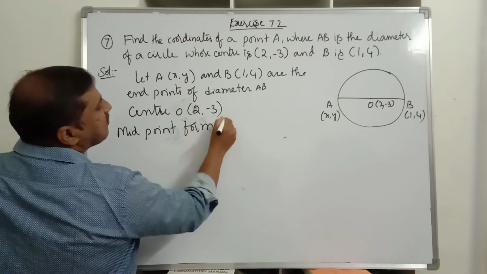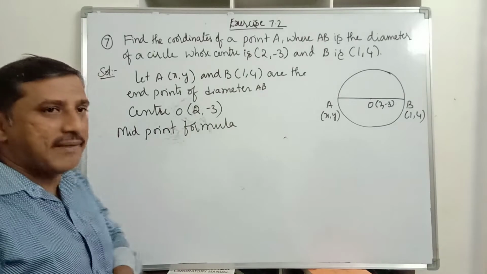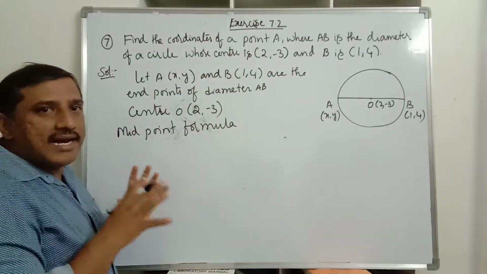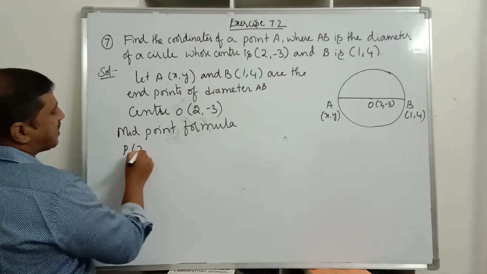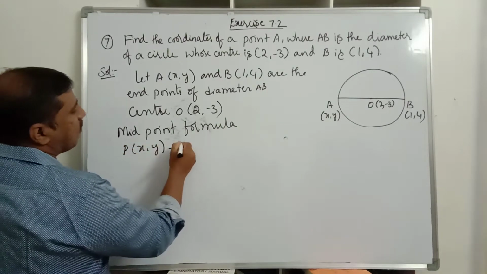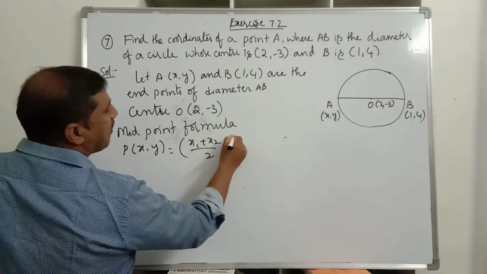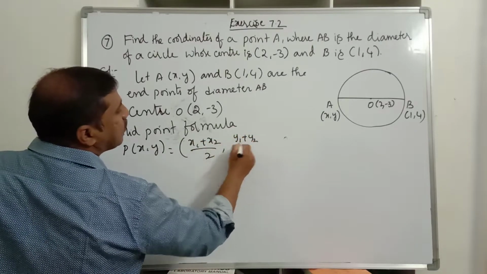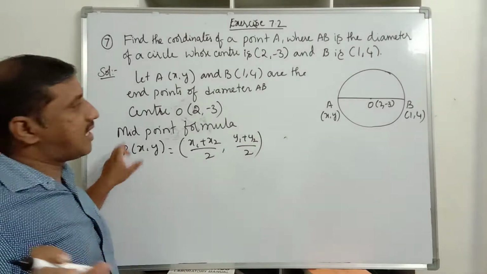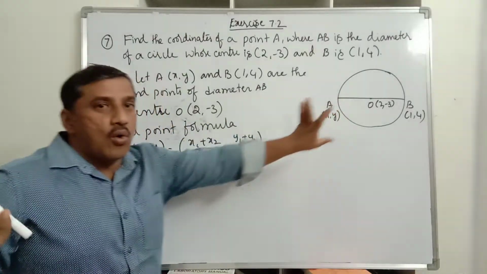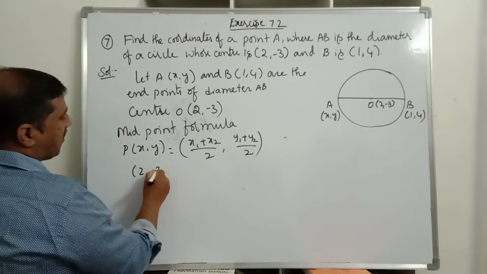What is the midpoint formula? It gives the coordinates of the midpoint of a line segment. It divides the line segment in the ratio 1:1. That is P(x, y) equals ((x1 plus x2) divided by 2, (y1 plus y2) divided by 2). Here P is the midpoint, which is O. So what are the coordinates of point O? It is (2, -3).